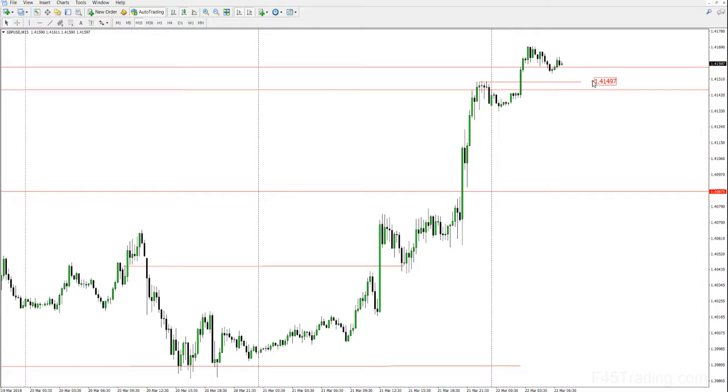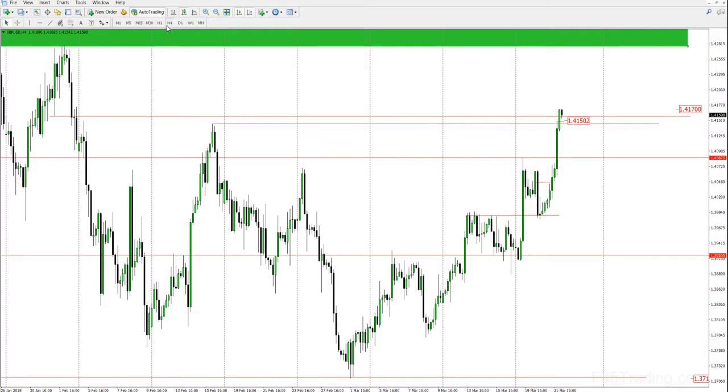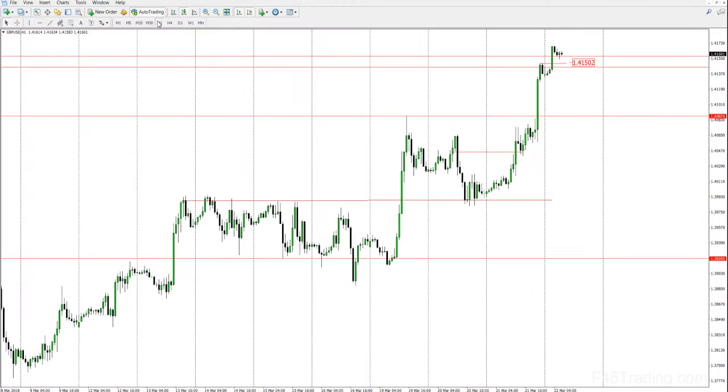141.50. That's a nice level for price to react off of. And I've got no reason to believe that they are going to want to run this back down. Main reason being that they did that last week. Sorry, let me get these day dividers on here again. Thursday, Wednesday, Tuesday, Monday's trading.